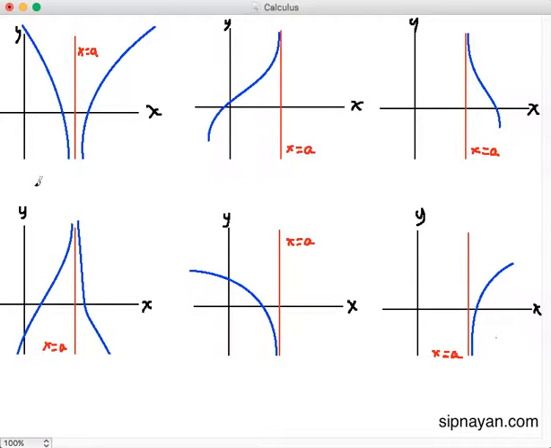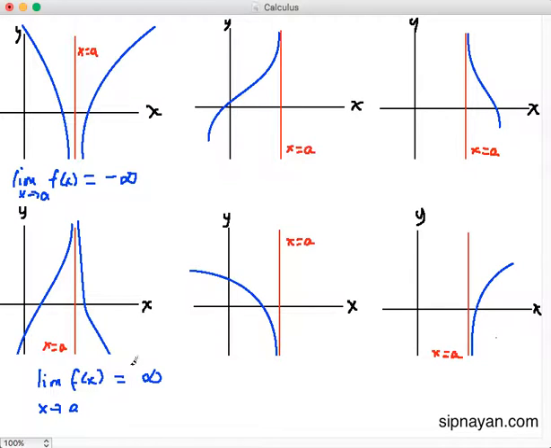So this is the limit of f of x as x approaches a equals negative infinity. Ito naman baliktad. As x approaches a from both sides, positive infinity naman, tumataas naman siya. So the limit of f of x as x approaches a equals positive infinity, or just infinity.